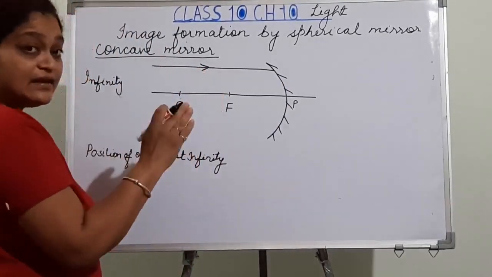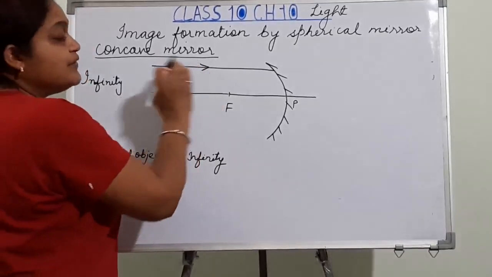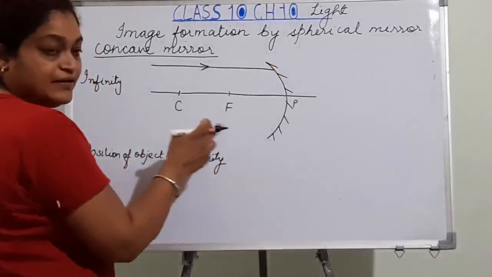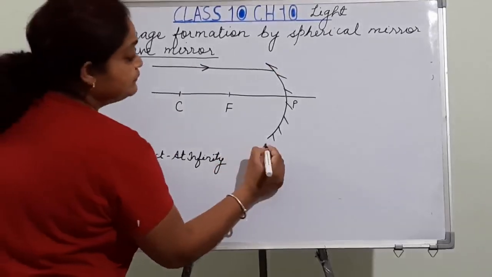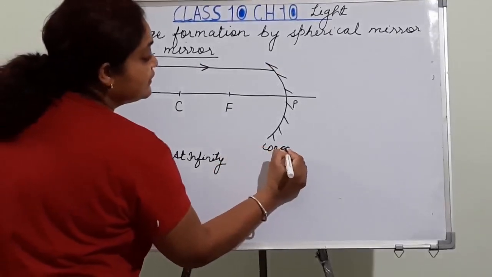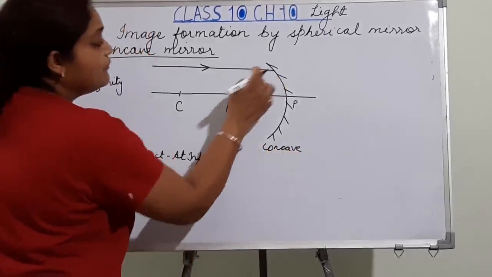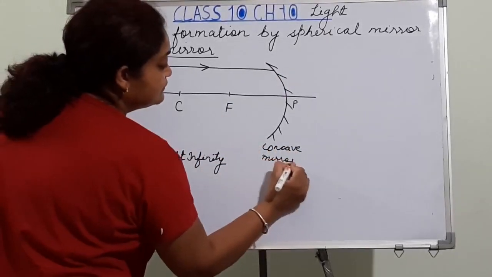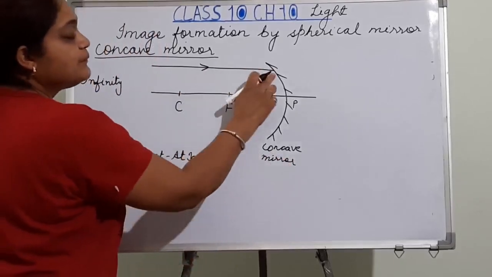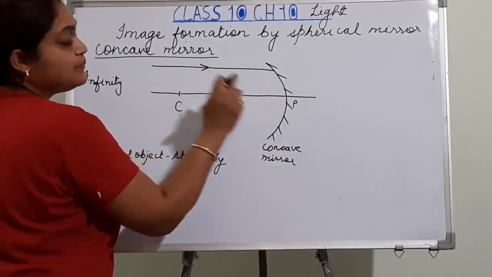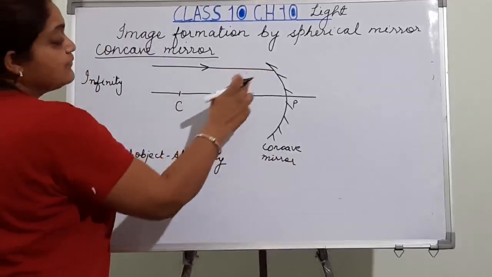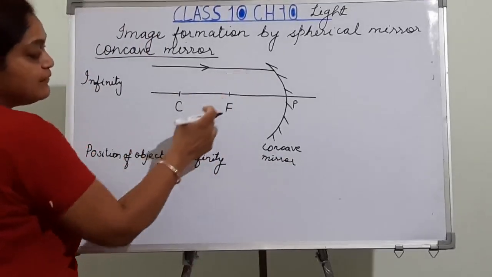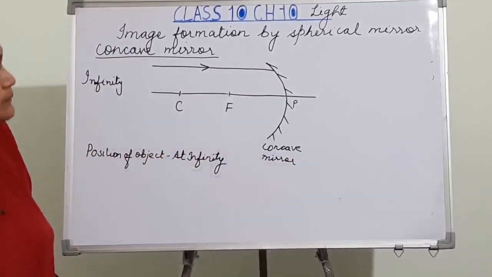Now any ray parallel to principal axis, after reflection from the mirror, will pass through focus, right? After reflection from this surface, it will pass through focus.